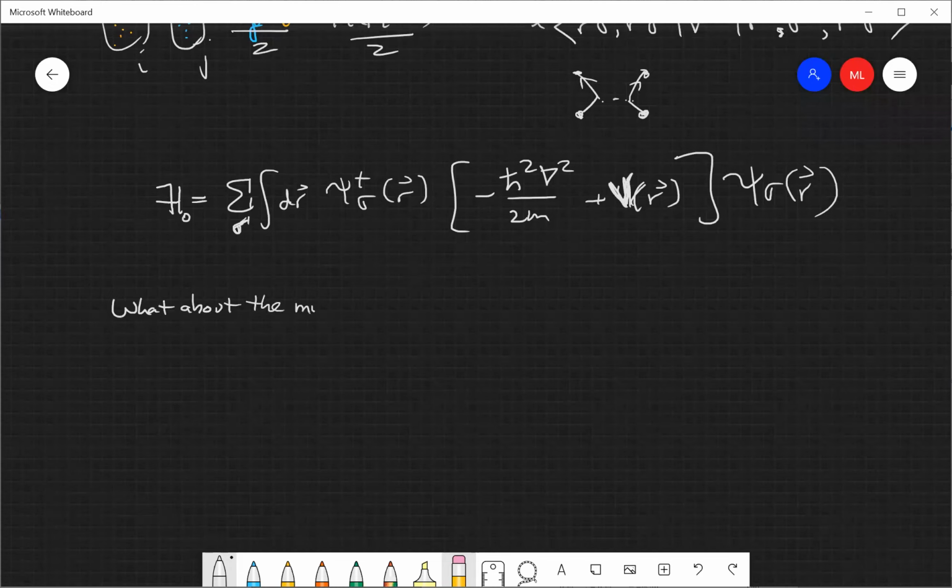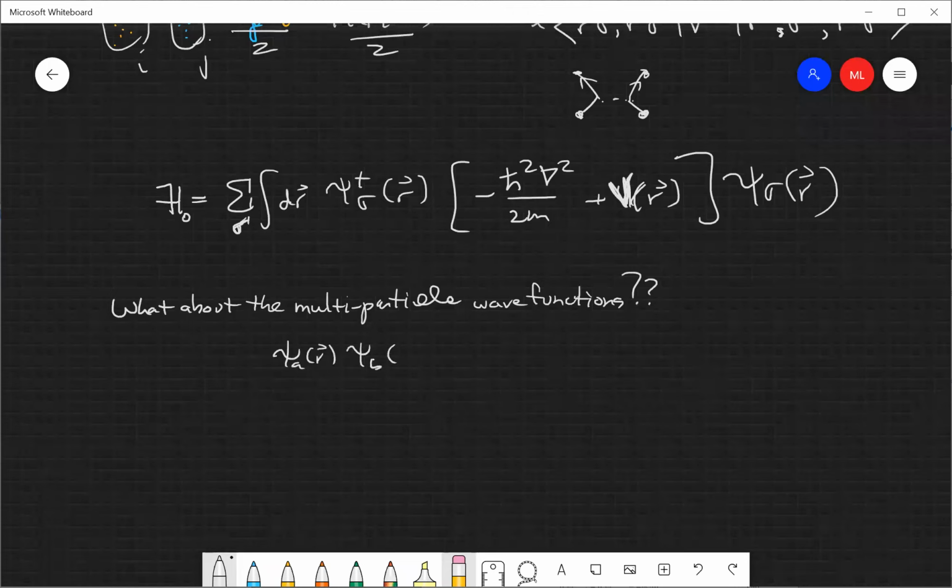what about the multi-particle wave functions? How do those come in? Remember what those were. We had single particle wave functions, and we would make symmetric and anti-symmetric combinations of them to get fermionic and bosonic states of identical particles.